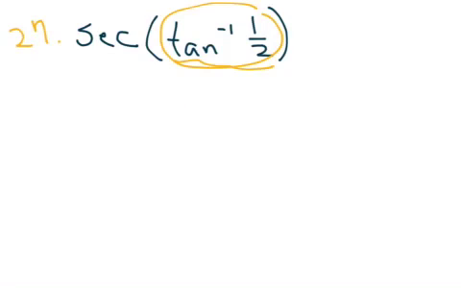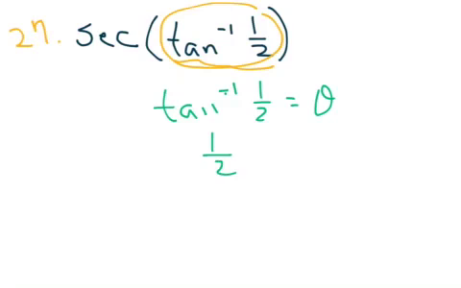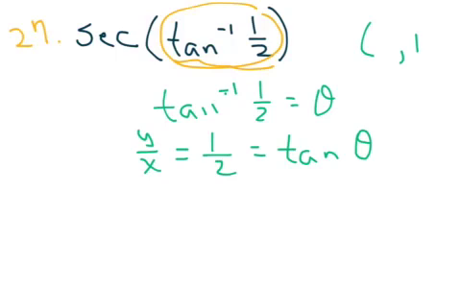Let's look at this again. We have tan inverse of 1/2 equals theta. So we have 1/2 equals tan of theta. We know tan of theta equals y over x. So we know my y is 1, my x is 2.